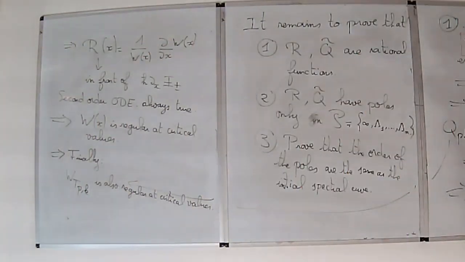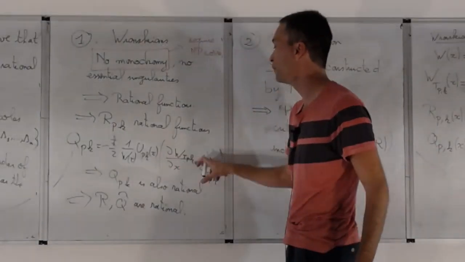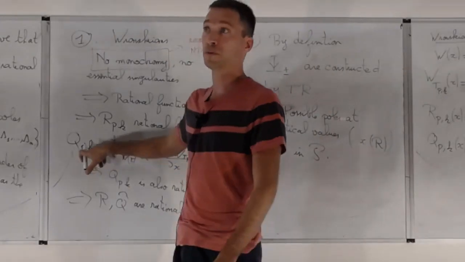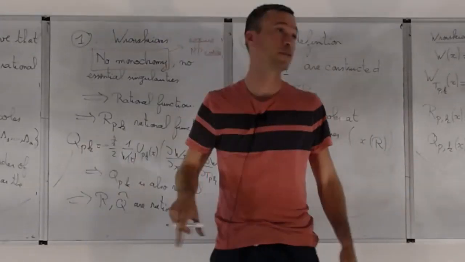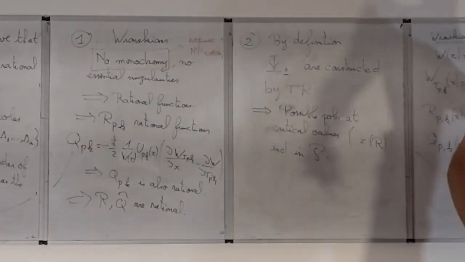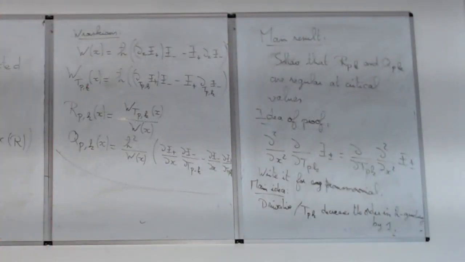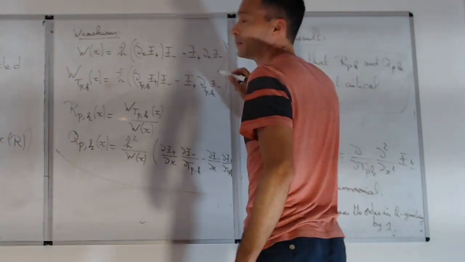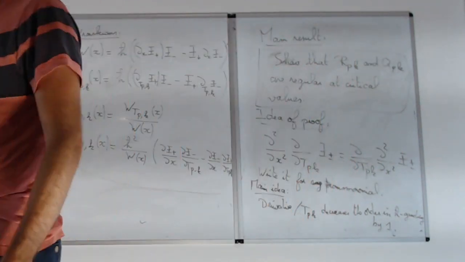Because otherwise this is the same. So this is regular. Everything is regular here. So if this had a pole, then this would create a pole for Q here, and this is in contradiction with the result here. So basically, when you have this, all other quantities have the same pole structure.